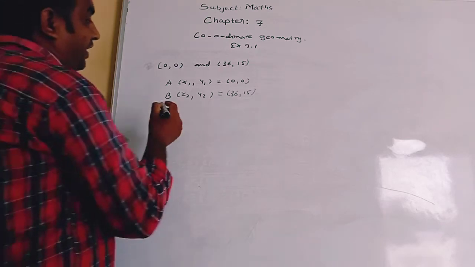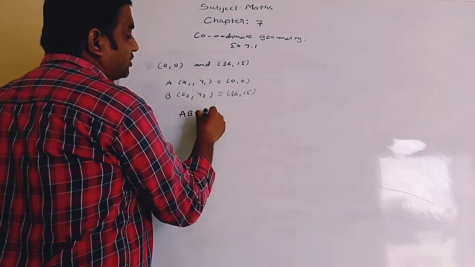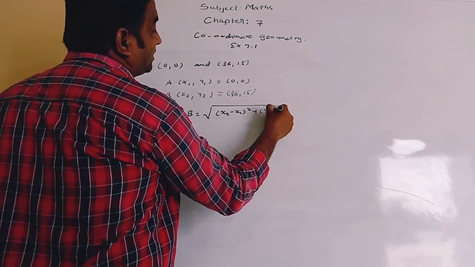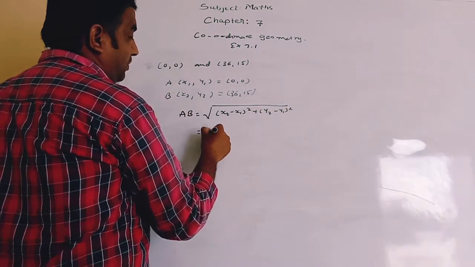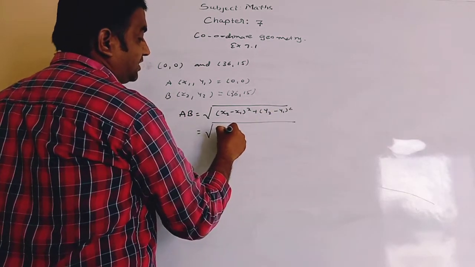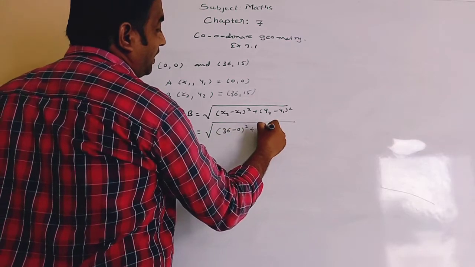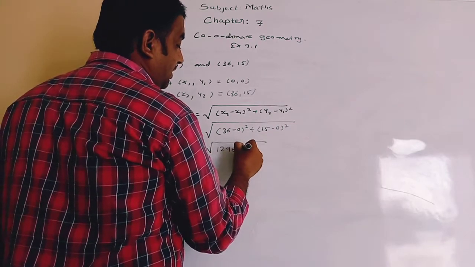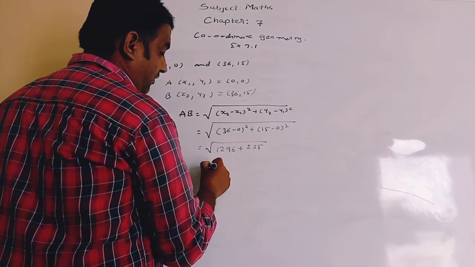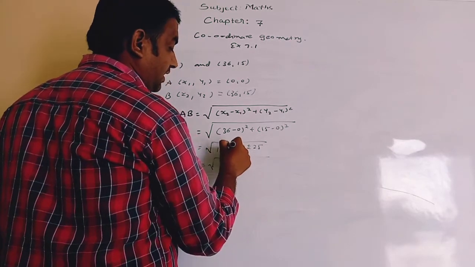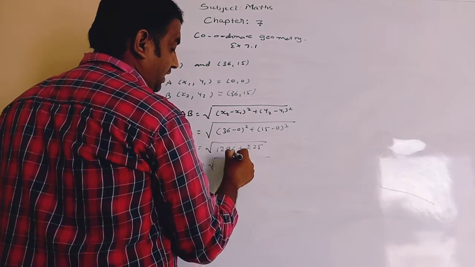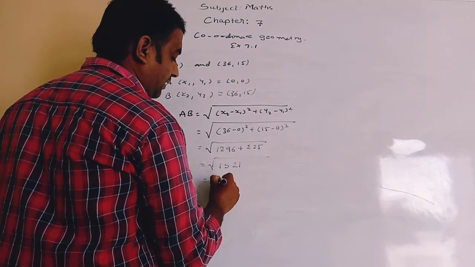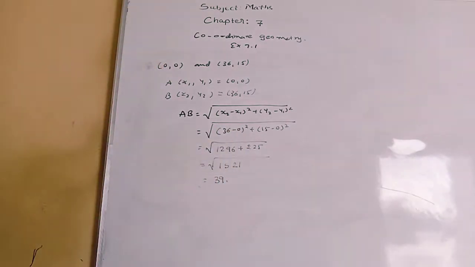Then if we apply the distance formula, AB equals the square root of (x2 minus x1) square plus (y2 minus y1) square, and so it will be (36 minus 0) square plus (15 minus 0) square. So 36 square is 1296 plus 15 square 225. We add them, then 6 and 5 is 11 carry 1, 9 and 1 is 10 and 2 is 12 carry 1, 2 and 1 is 3, and 2 is 5, so the sum is 1521, that is the square of 39, and so AB equals 39.